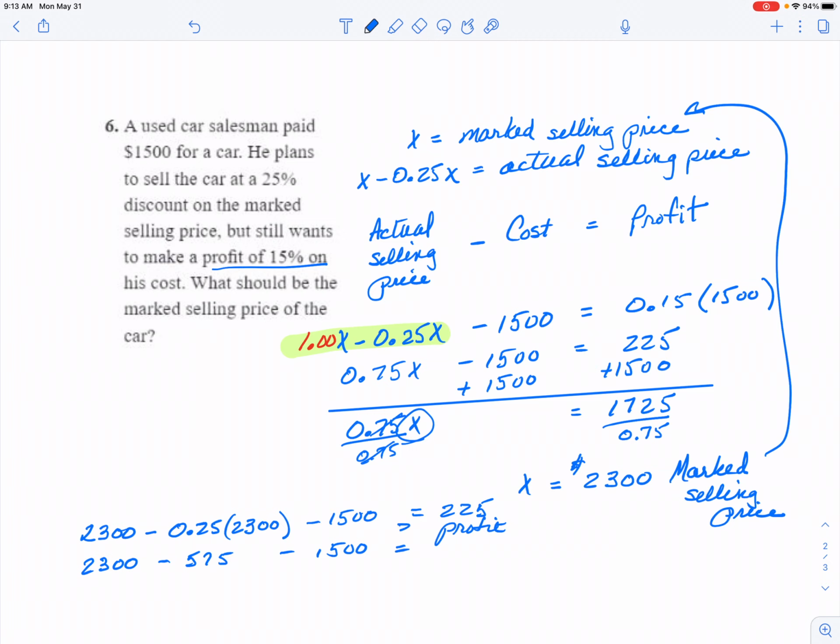Does that leave us $225? So 2,300 minus 575 minus 1,500 leaves me with $225 in profit. Yes.